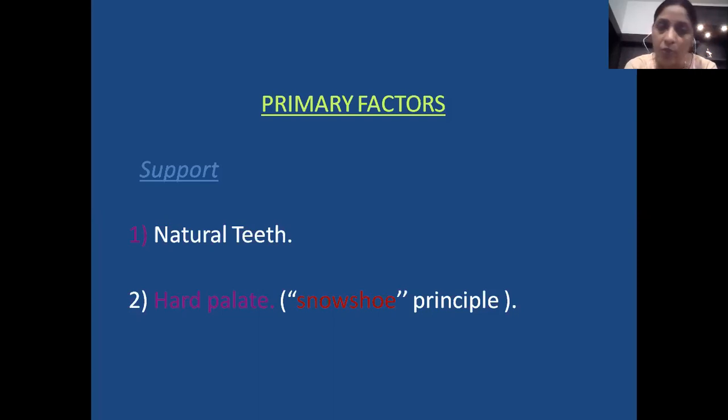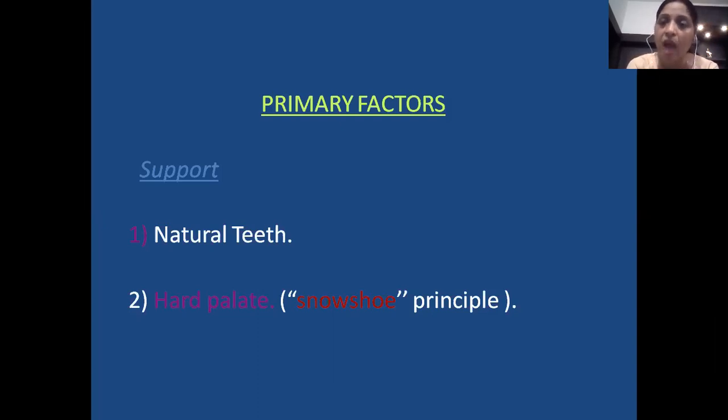Now, support is provided by natural teeth as well as by the hard palate. As I've told you, if there is a short or small edentulous area, that means if more natural teeth are present, then automatically support will be more. So we will get the support from natural teeth. We don't need the major connector to be more extensive to provide support in this case.